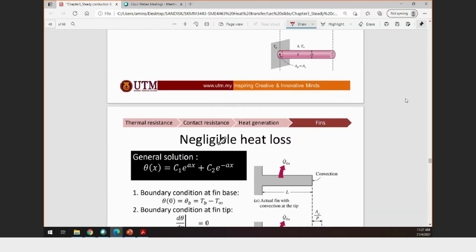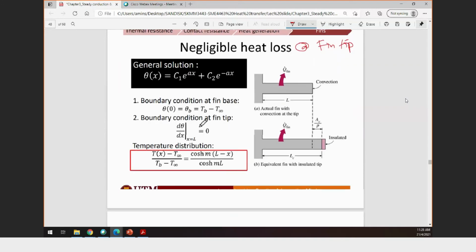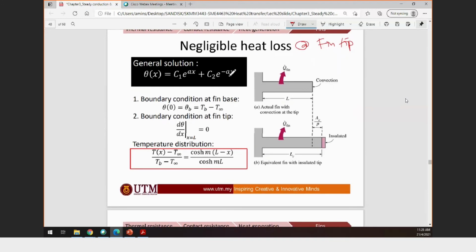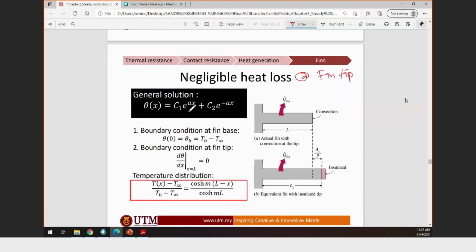The second one is negligible heat loss at the fin tip. Using the same general solution and the boundary conditions at the fin base and the fin tip, you may get this equation.